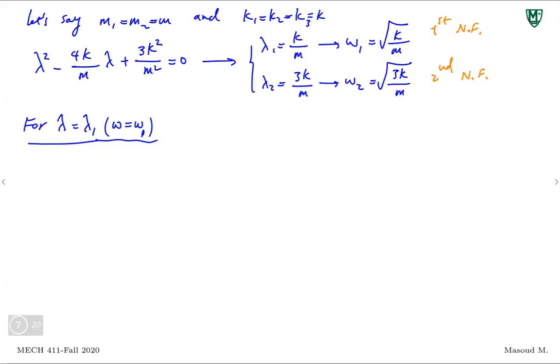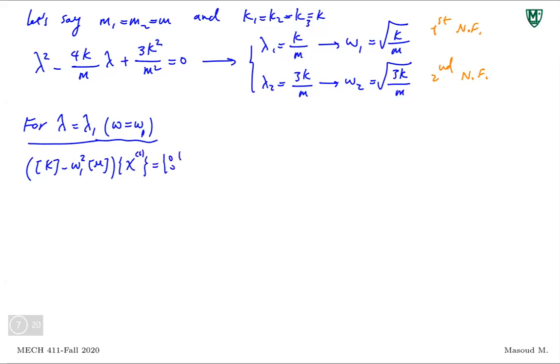So let's do it. Let me just write the whole thing. K minus omega 1 squared M multiplied by x1 will be equal to 0.